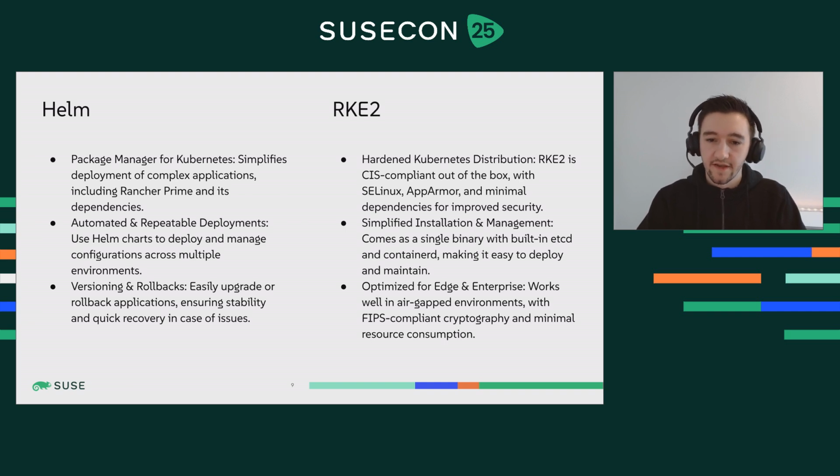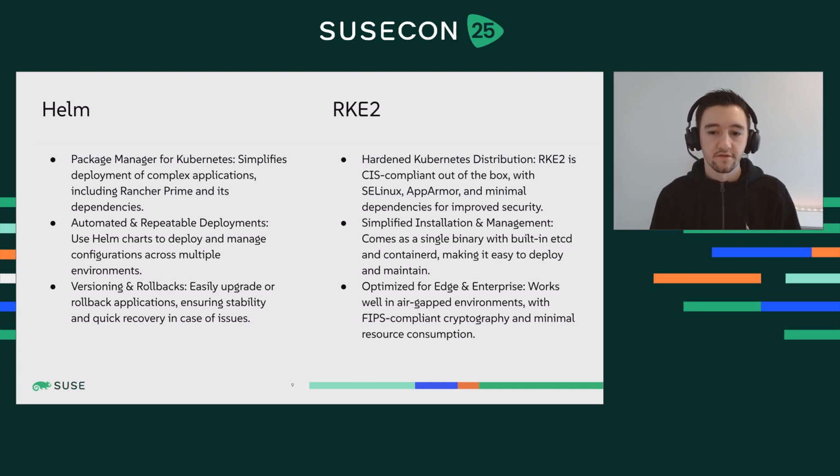And generally said, RKE2 is also a great tool to get the whole system easily up and running, because you just have to deploy the binaries and that's running perfectly, even secure, like with CIS compliance out of the box and multiple other improved security aspects.